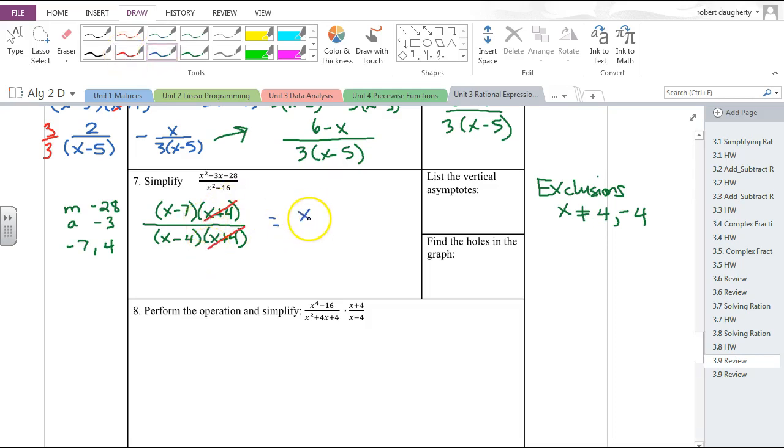So this expression turns into x minus 7 over x minus 4. Any exclusion that is in your final answer is a vertical asymptote. So at x equals 4, that will be a vertical asymptote. Any exclusion that was simplified in the course of working this problem remains a hole in the graph, and that is x equal negative 4.